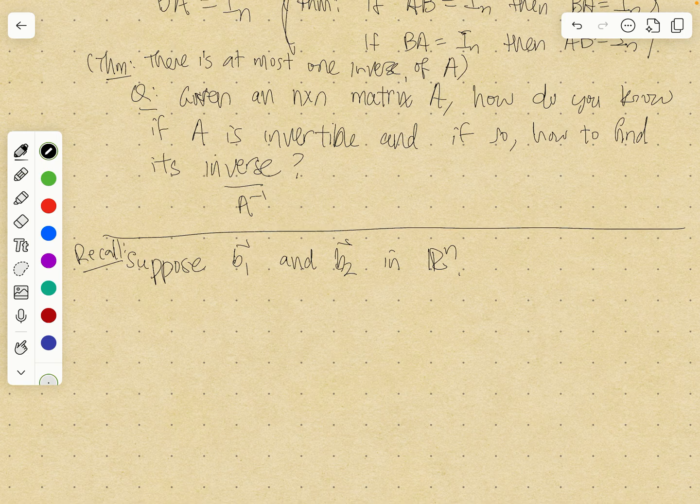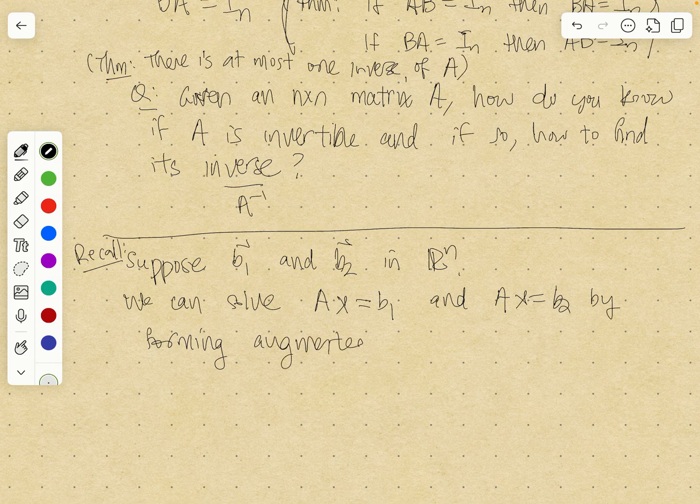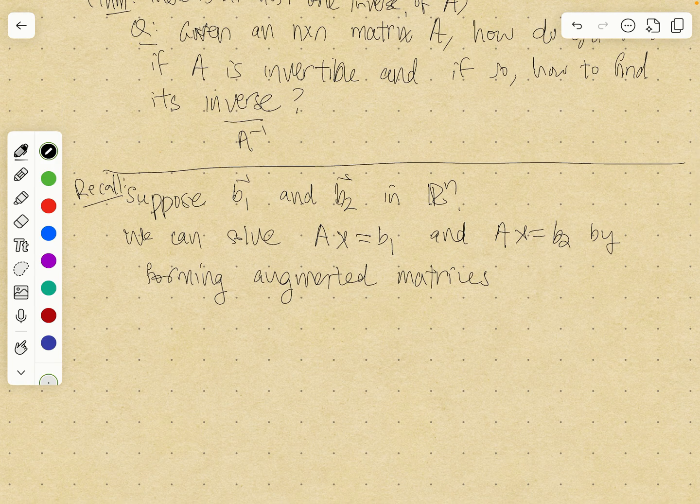Then we can solve A times x1 equals b1 and A times x2 equals b2 by forming augmented matrices, where you take A and then append this vector b1 to it.